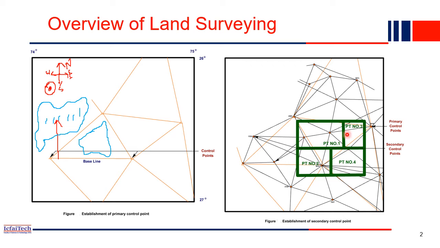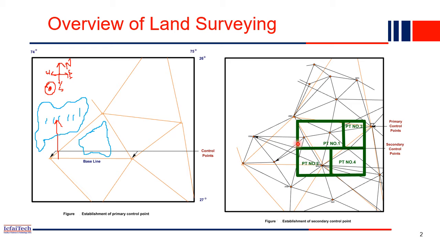This is one part, this is another part, plot two, plot three, plot four, like that we can make multiple plots. Inside one plot again we can measure small distances, establish small control points, and cover the entire area. Like that the process will continue.